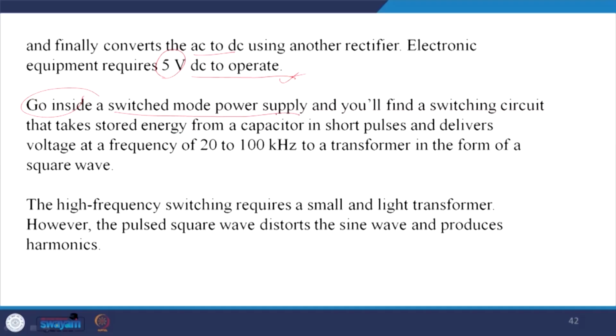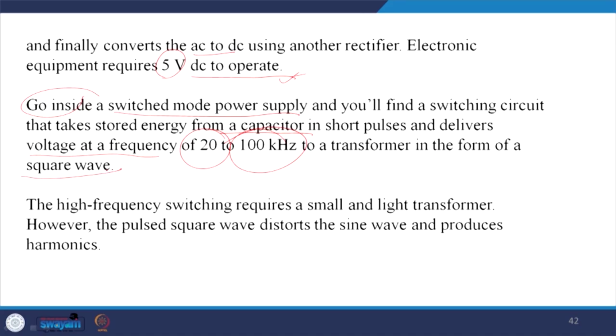If you go inside the switch mode power supply, you will find a switching circuit that takes stored energy from the capacitor in a short pulse and delivers the voltage at a frequency as high as 20 kilohertz to 100 kilohertz to a transformer to form a square wave.